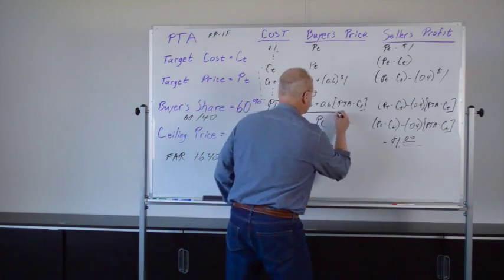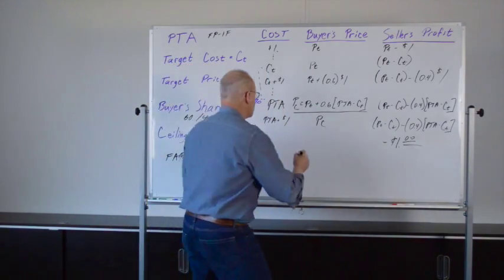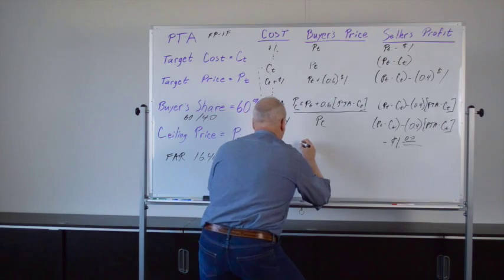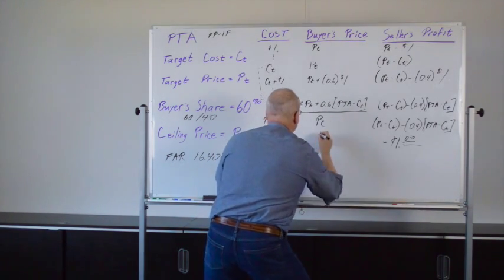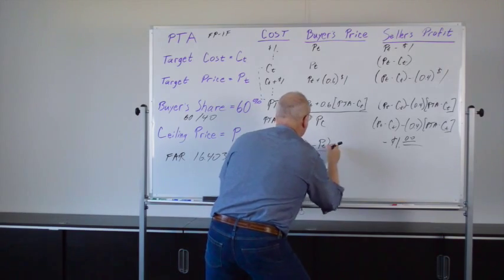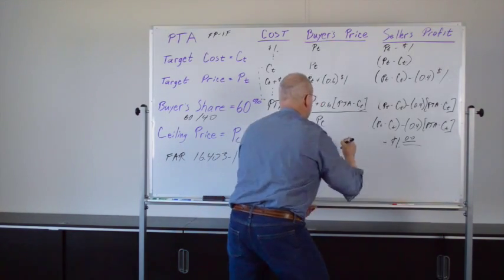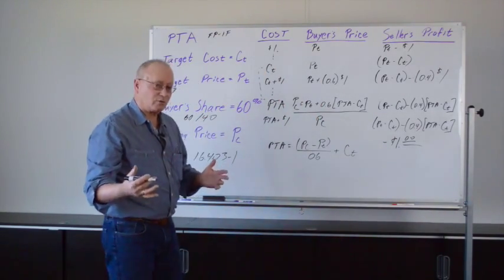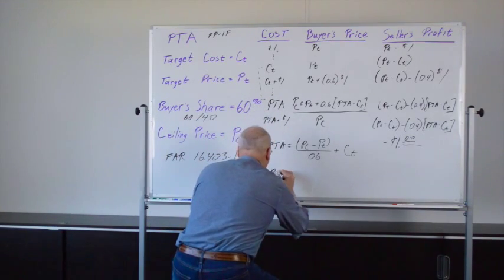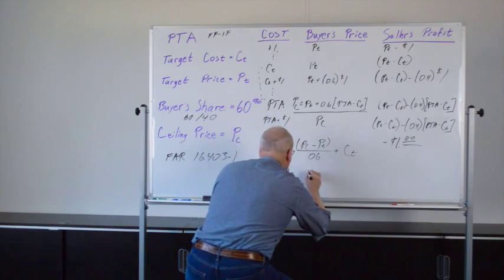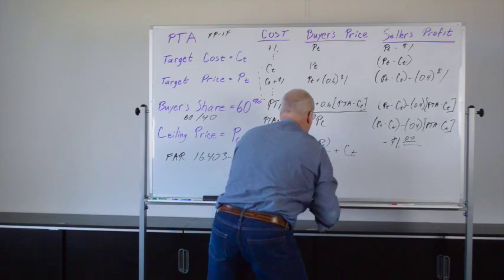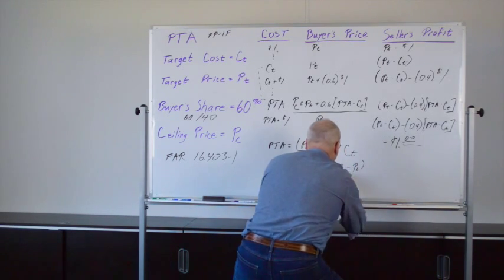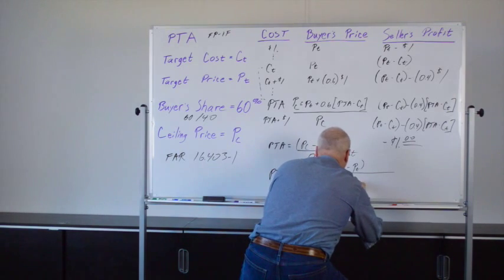Now, one more thing. We're going to take this equation here and solve it for PTA. So, PTA equals P sub C minus P sub T, divided by 0.6, plus the C sub T. And just putting this into more general terms, PTA equals the target cost plus the difference between the ceiling price minus the target price divided by the buyer's share.